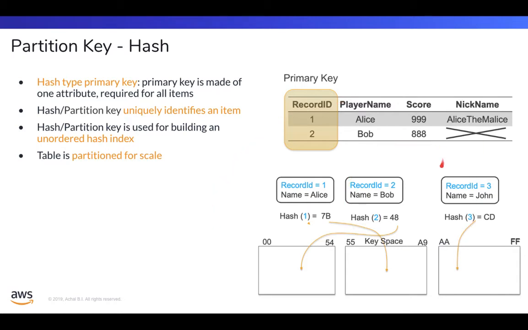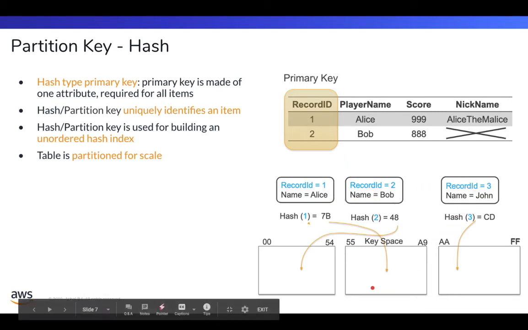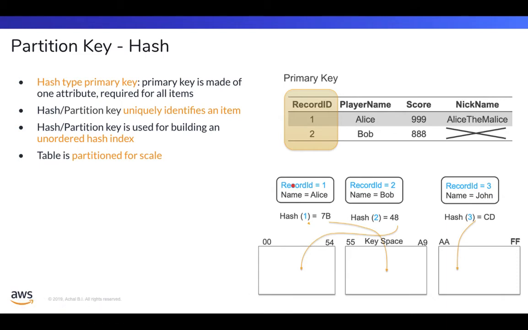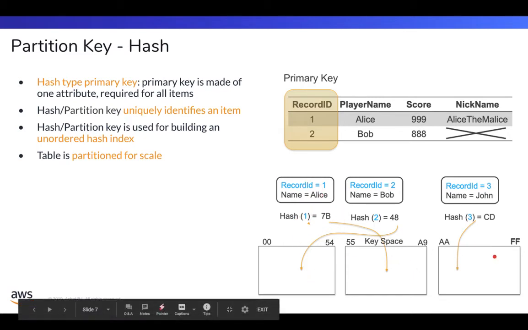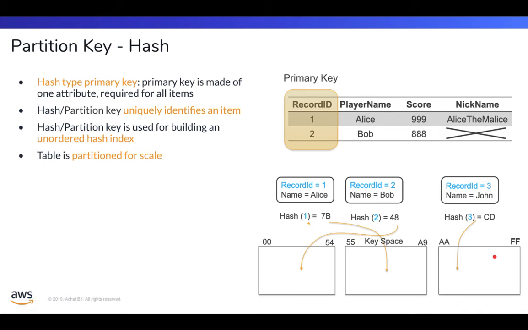Here's an example of how record items are placed. These boxes are partitions. A hash function is applied on the primary key, and a hash is generated. Based on the hash value, the item is placed in the respective partition.